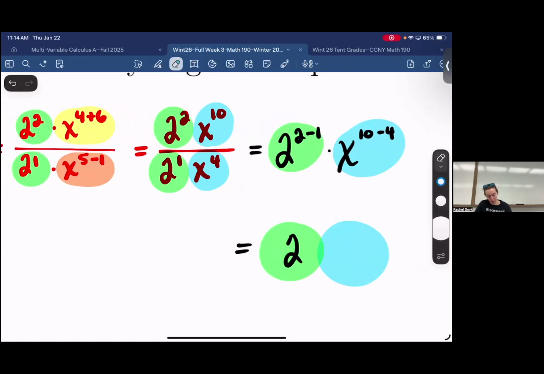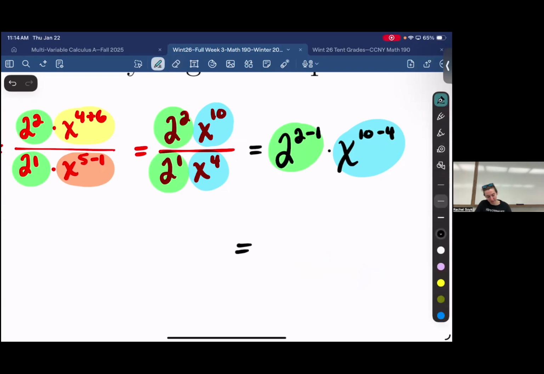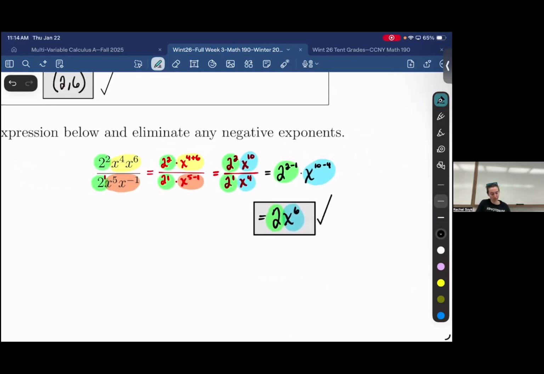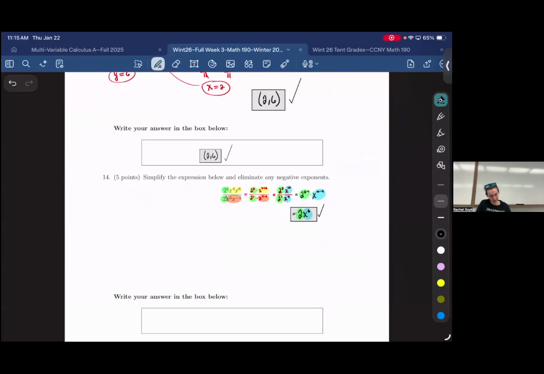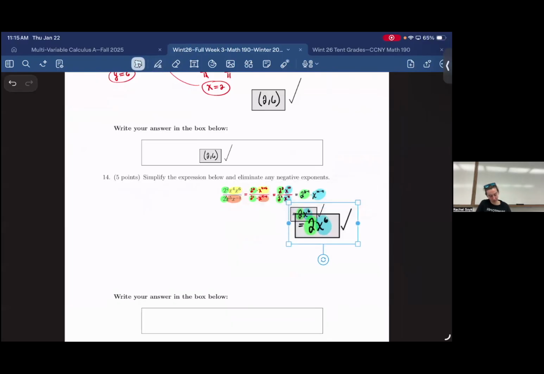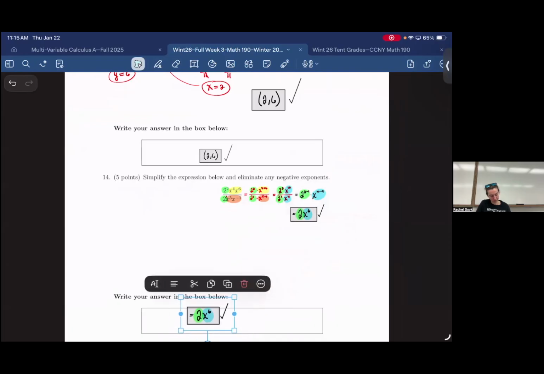Wrote my bubbles way too large. I'll write the answer first. 2, and then x to the 6th. Questions on this one?